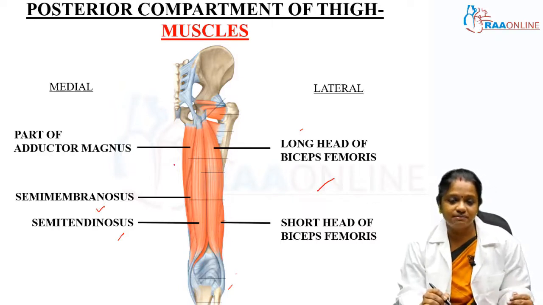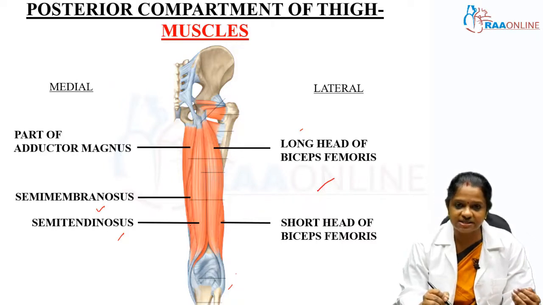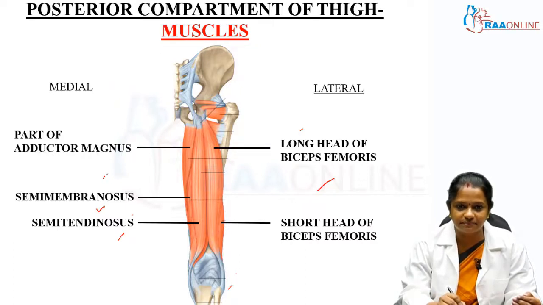So, this is the image which we see while dissecting. Superficially is semitendinosus, underneath that is semimembranosus, and underneath that is adductor magnus. In other words, we can say semitendinosus lies over semimembranosus, semimembranosus lies over adductor magnus.